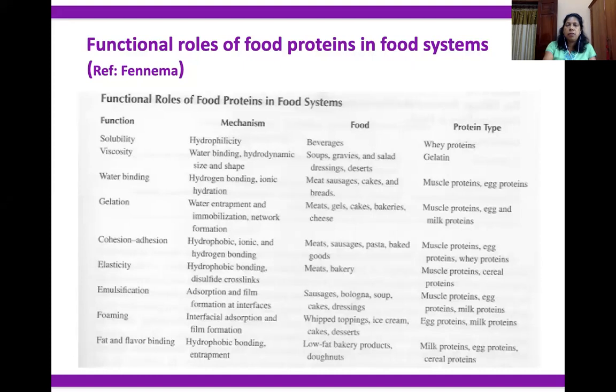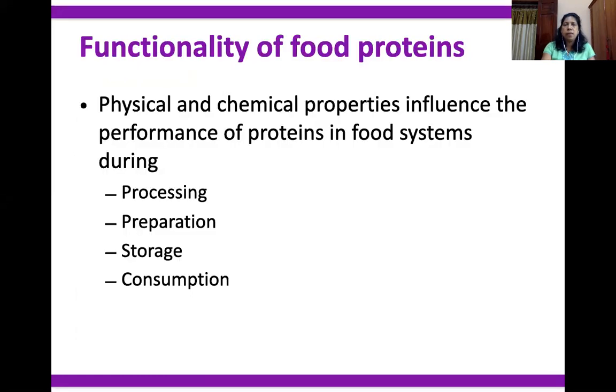So if you need any more information, you can discuss with us at the chat session. The functionality of the food protein: physical and chemical properties influence the performance of protein in the food system. Those are during processing, preparation, storage, and consumption. These things can happen, right? The processing I mentioned, the preparation also I mentioned.